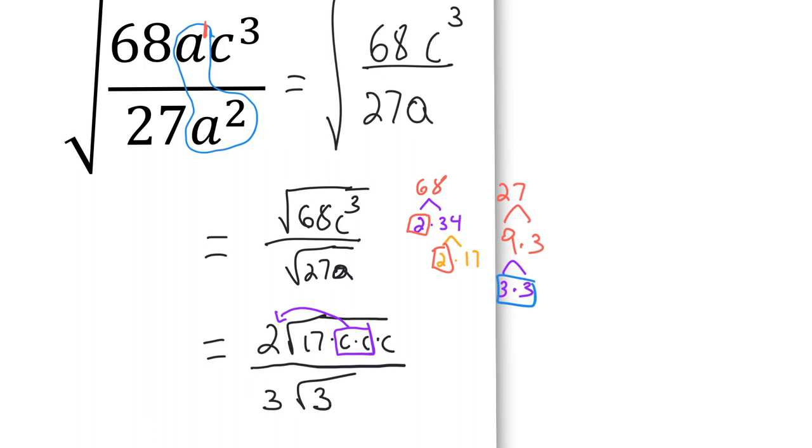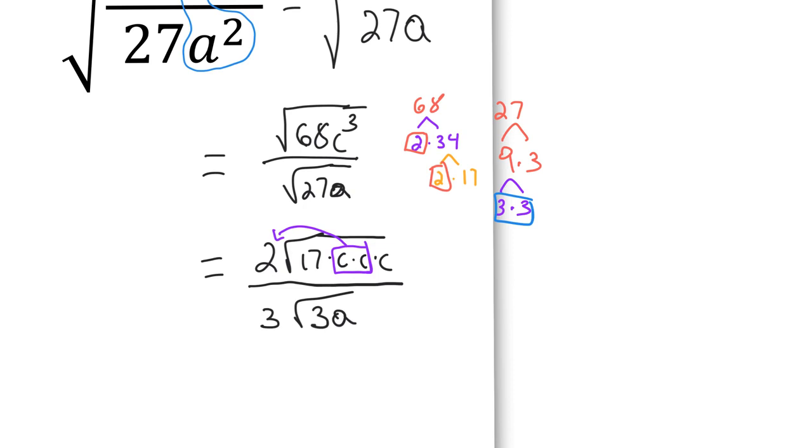So there's a 3 inside with an a, and the a, since there's only one, you cannot expand. Now let's put everything together. Let's make everything clean. On the top, you have a 2c, and we have inside a 17 with a c, because this one doesn't have a pair. So there's your c. On the bottom, you have a 3 and the square root of 3a.